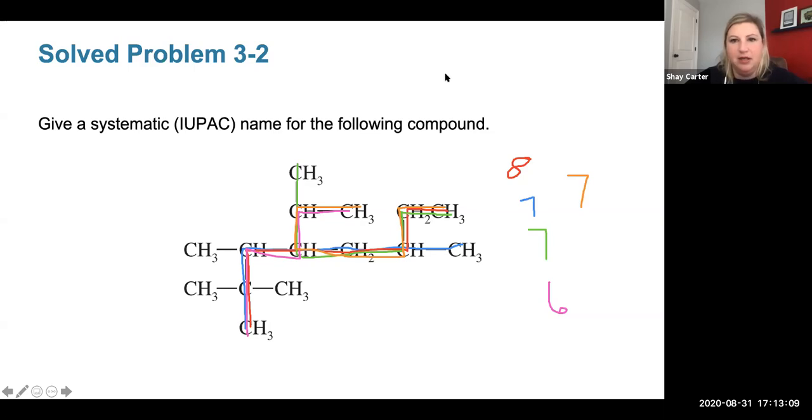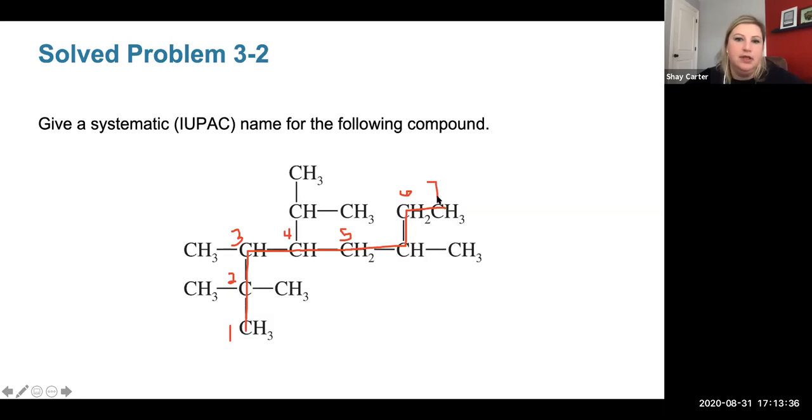So I'm going to clear this and go back. Okay, so we have 1, 2, 3, 4, 5, 6, 7, 8. Okay. If we start numbering here, 1, 2, 3, 4, 5, 6, 7. That's not right. I missed one. 6, 7, 8.